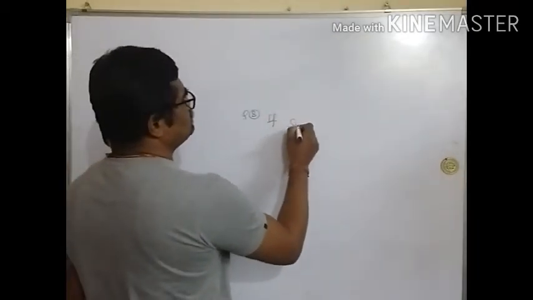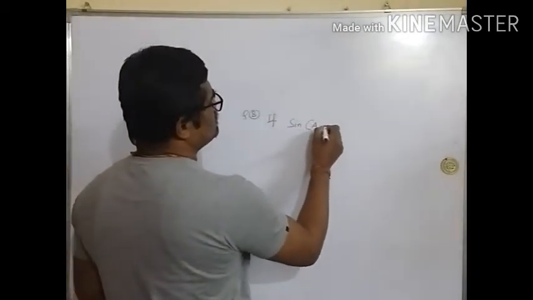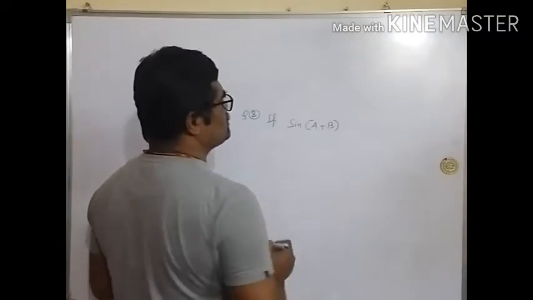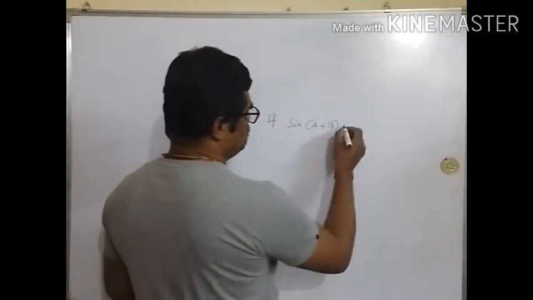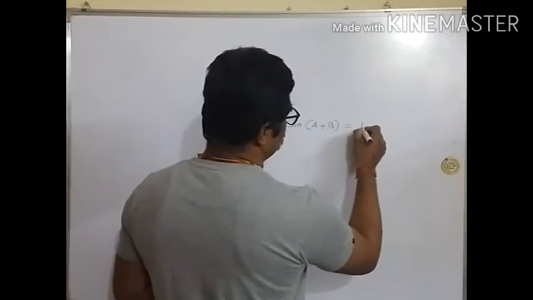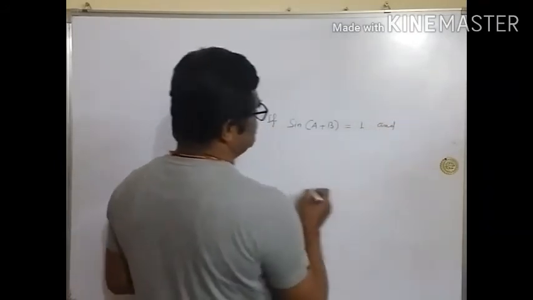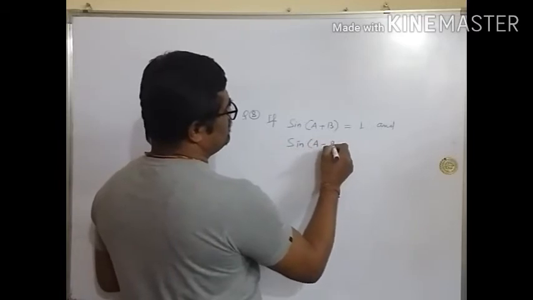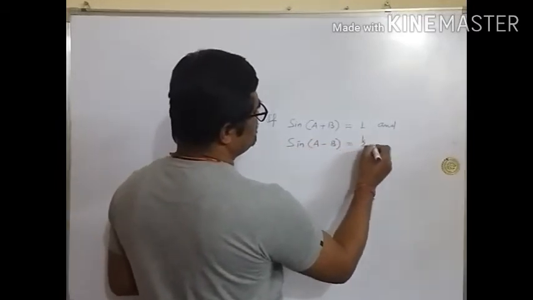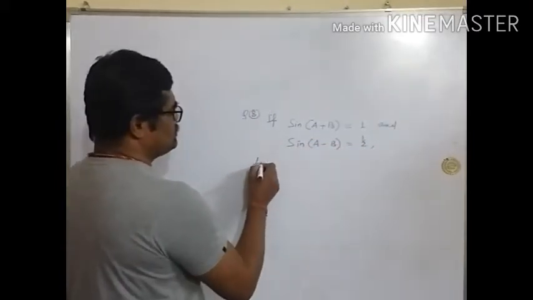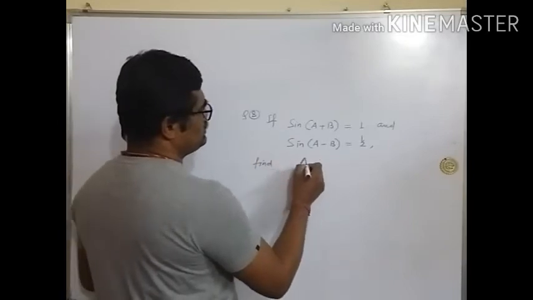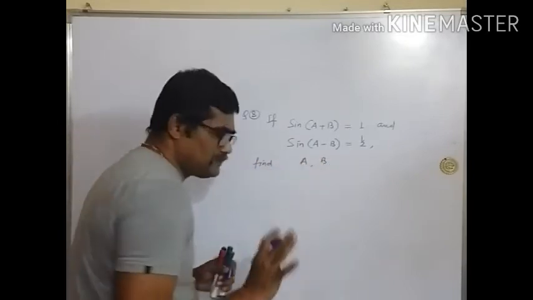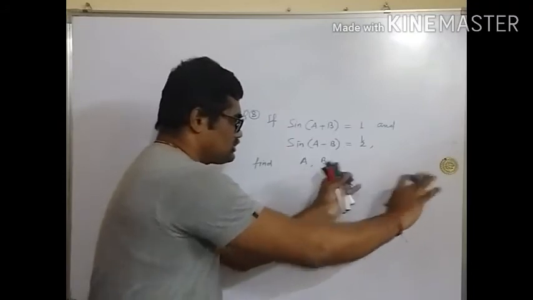If sine of a plus b is equal to 1 and sine of a minus b is equal to half, find A and B. There will be options.